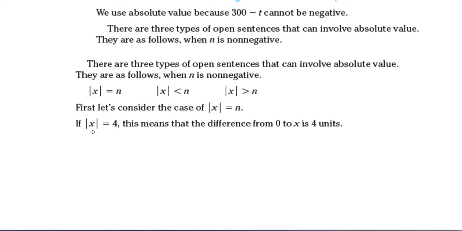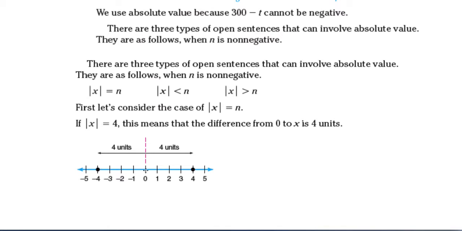That's what it means. If I'm going to graph this, you have 0, the distance will be 4 units in each direction, and you can see there are two values of x which will fit into this sentence.